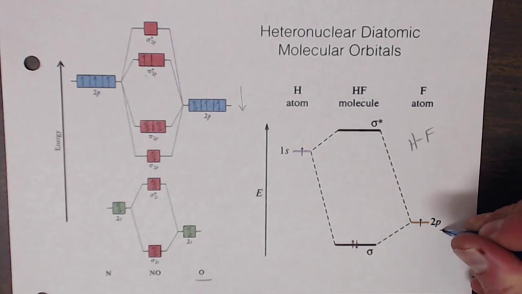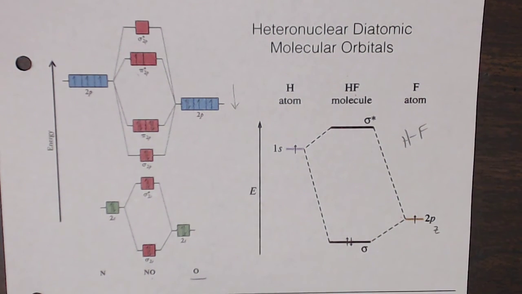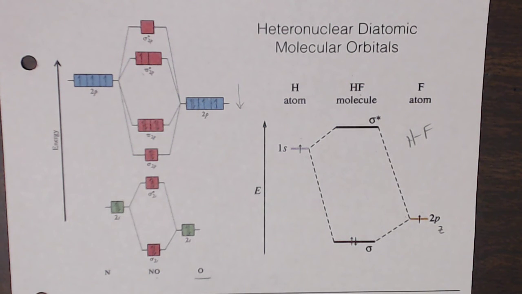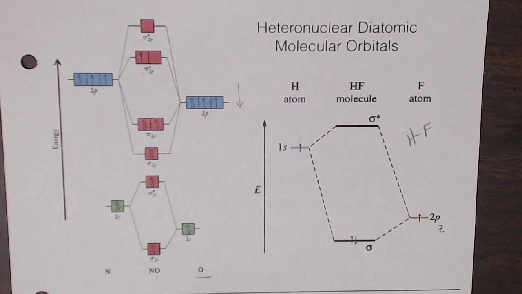And of course, that's got to be the 2pz electron to give us the sigma bond. And that's all I'll really say with respect to the heteronuclear diatomics. And any other molecule that's similar to NO or HF, we could just adjust these diagrams appropriately. Okay, so that wraps up our lectures on Chapter 9.